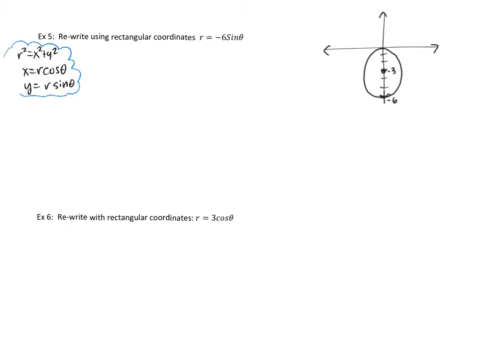But to do that, what I need to do is multiply both sides by r. So we're just going to multiply by r on both sides. That would give us r squared is equal to -6 r sine theta.